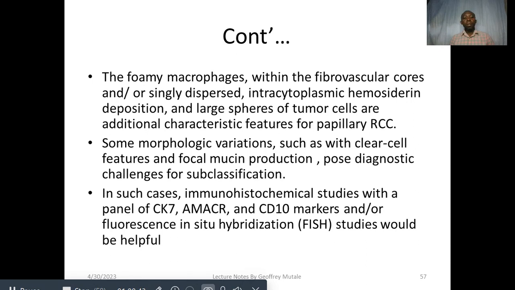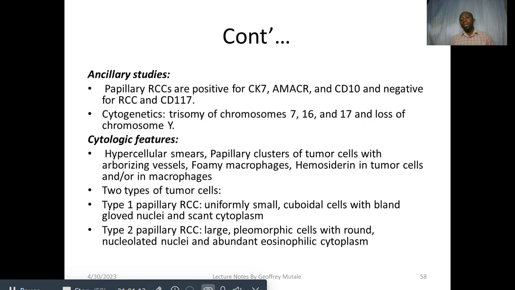Some morphological variations, such as with clear cell features and focal mucin production, pose a diagnostic challenge for subclassification. In such cases, immunohistochemical studies with panels like that of CK7, AMACR, and CD10 markers, and also fluorescence in situ hybridization studies would be helpful to make a final diagnosis.